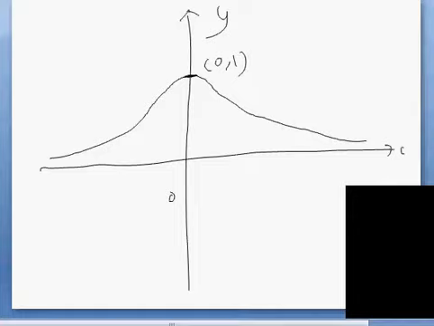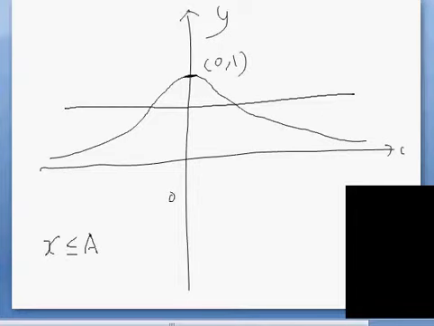So for example, if we draw the horizontal line over here, it cuts the graph at 2 points, so it is not 1-1. That's why we need to determine the largest possible a. We want the interval in the form x less than or equals to a, that is from negative infinity to a certain value such that my graph will be 1-1.